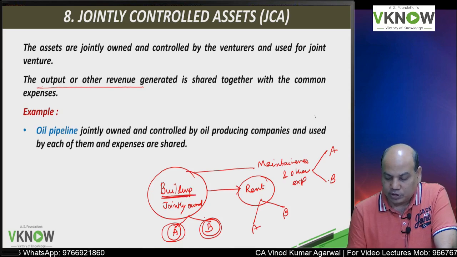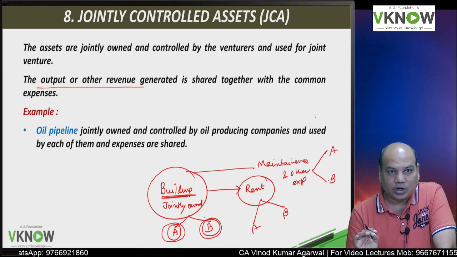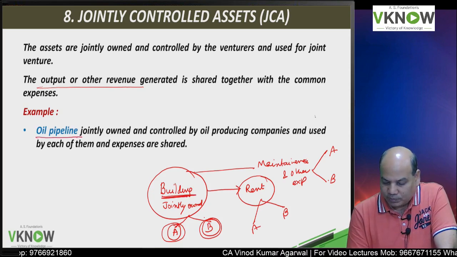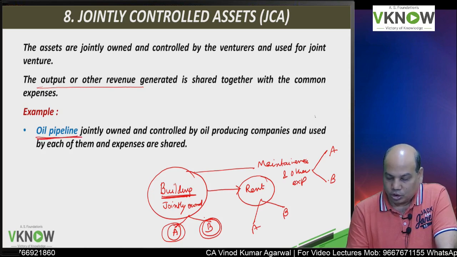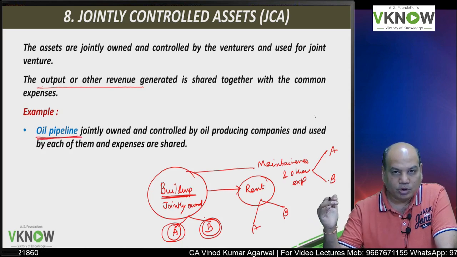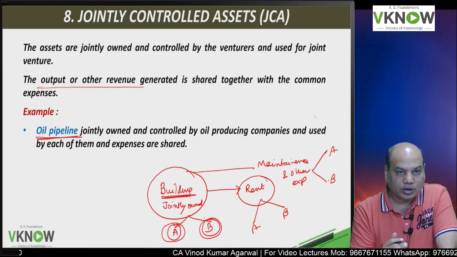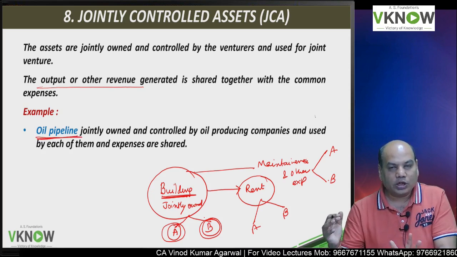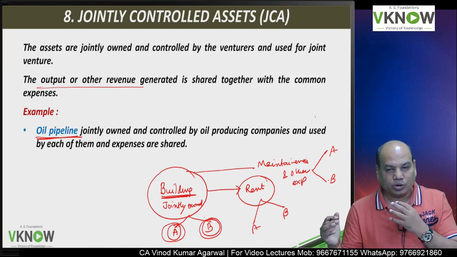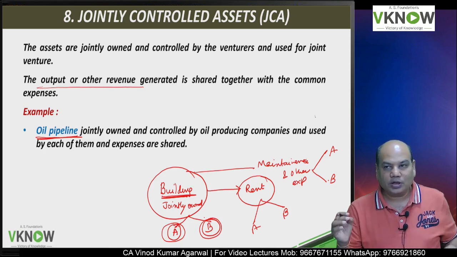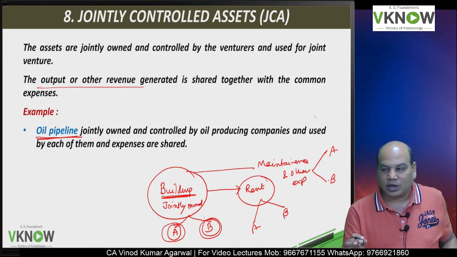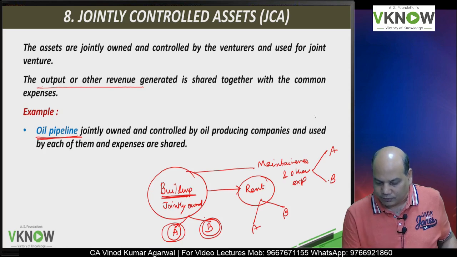The other examples of jointly controlled asset could be an oil pipeline. Oil pipelines are used to transfer oil and gas from one location to another, and are jointly owned by two or more companies, because if every company constructs its own oil pipeline, it will be very expensive for them.